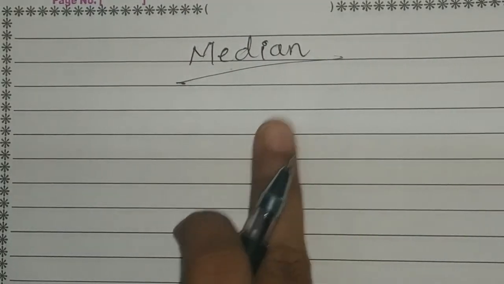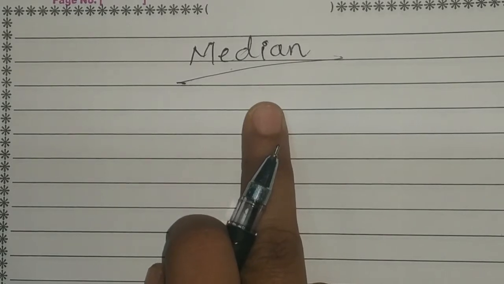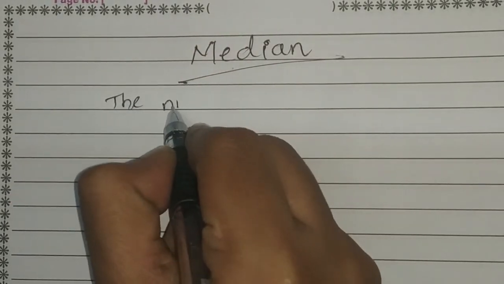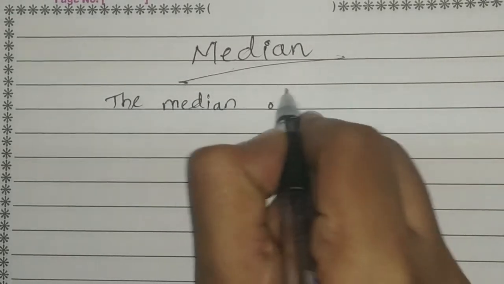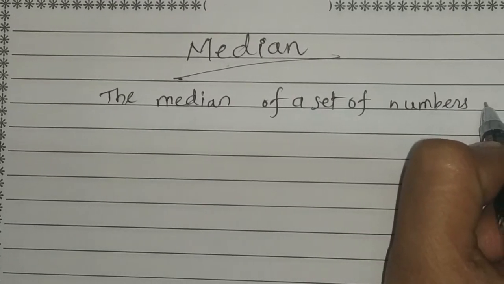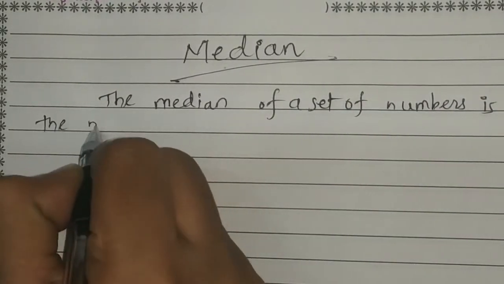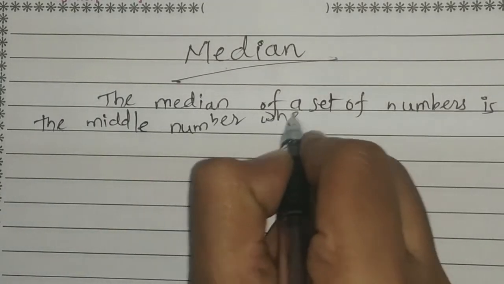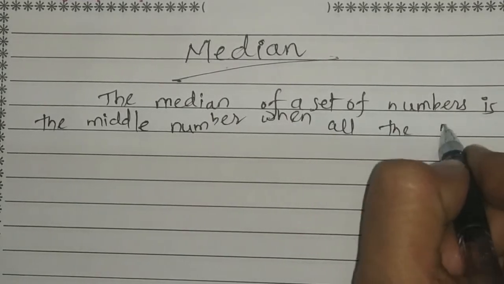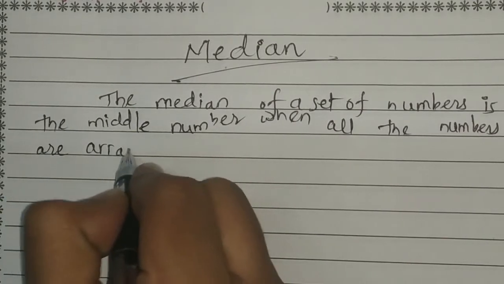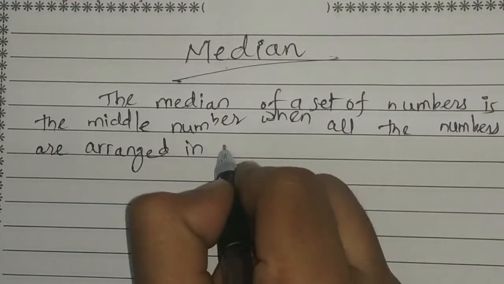So what is median? As the name itself suggests, the median is going to give us the middle number of the data. So the definition will be like this: the median of a set of numbers is nothing but the middle value, or you can say the middle number, when all the numbers are arranged in an order of size.